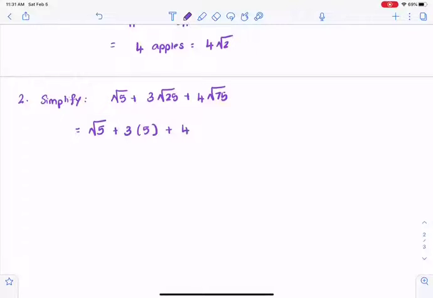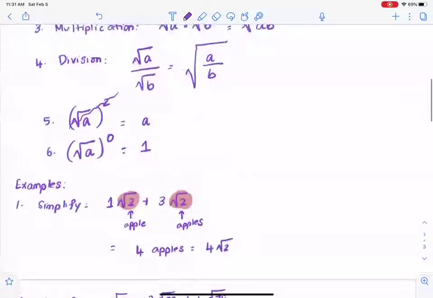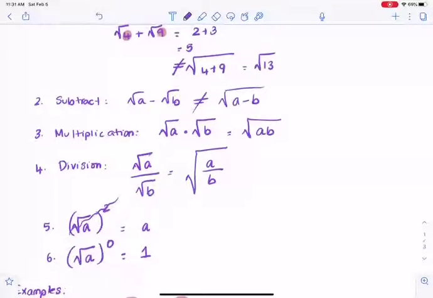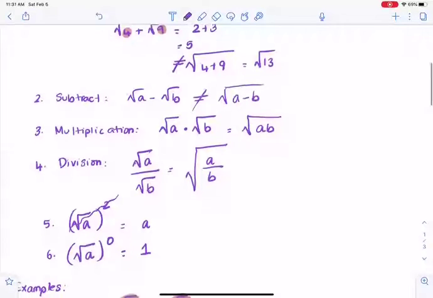4, square root of 75. I can express that in terms of another square root. So 75 is simply 25 times 3. Using one of the properties, if I can multiply individual roots and combine them like the way I did in property 3, I can do the reverse also.